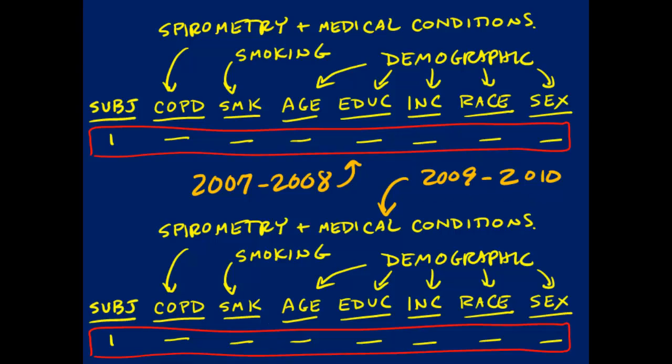So we're going to be doing a couple of things here. Within each cycle, and within individuals, we're going to be connecting the data together from the different data sets that are contained within each cycle. We're going to do that within both of the cycles we're looking at, and then we're going to group all of the data together.